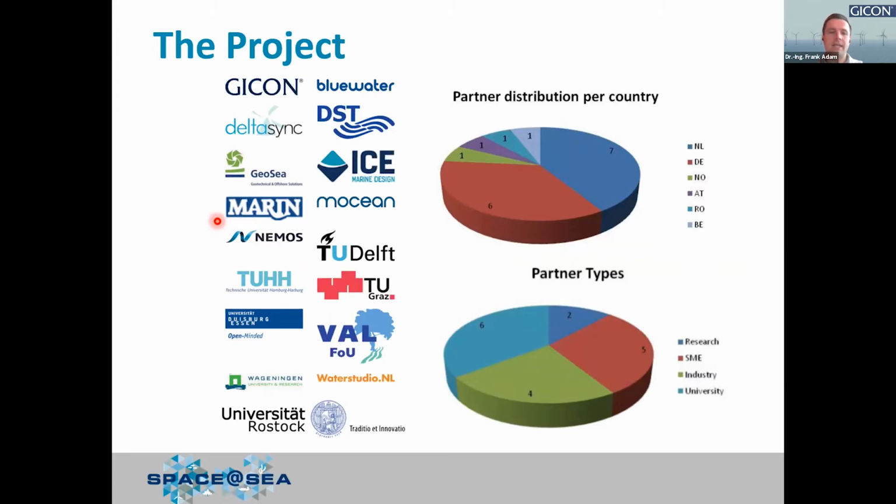We had big names like DMGEOC, ICE, a marine design consulting service from Romania, and also the universities of Delft, Hamburg-Harburg, etc. So a very strong consortium to perform the work. And the project, this is maybe something I would like to highlight, ended last year in October. So all the results you can see during my presentation are from a finished project.